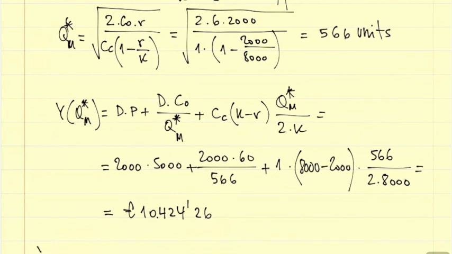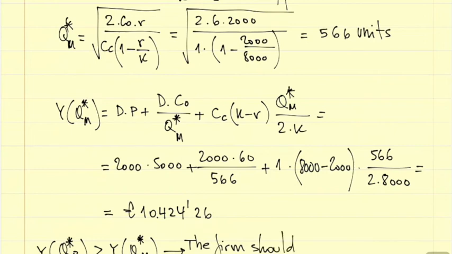Because the cost of buying is bigger than the cost of making, the firm should make the product. Okay? Any questions?